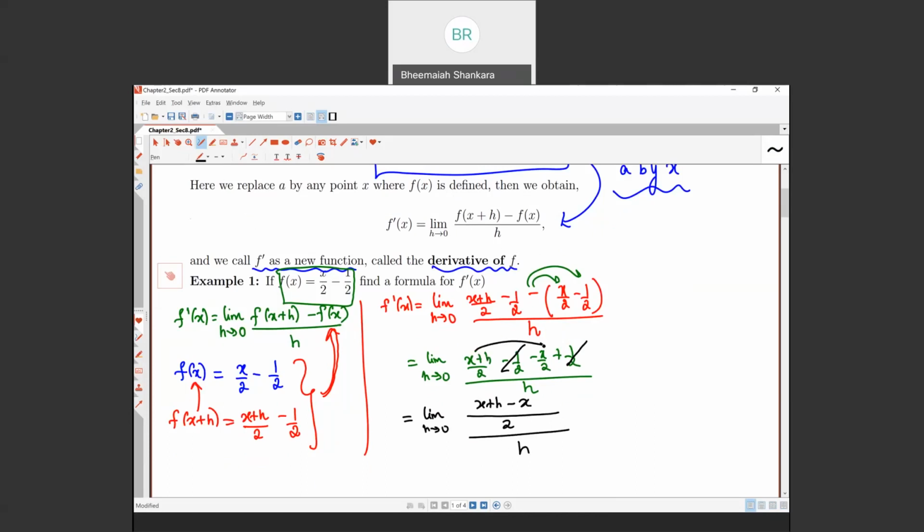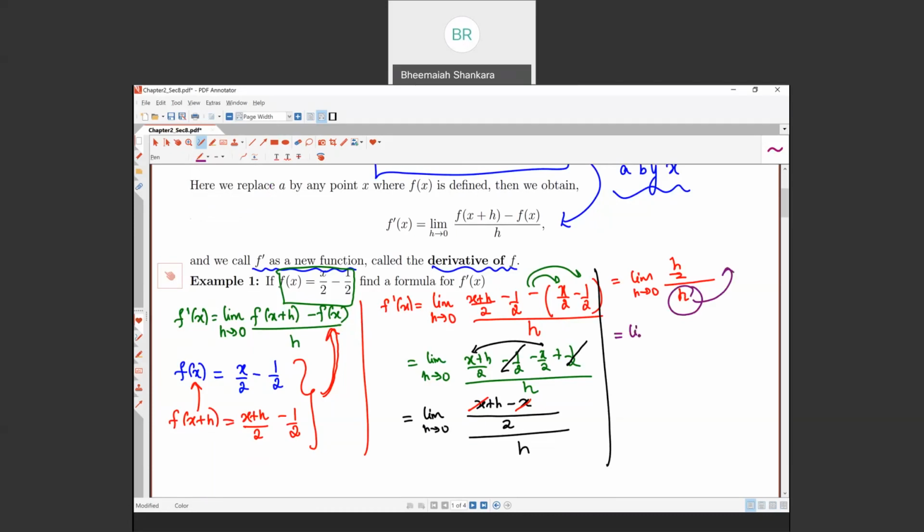So we are adding these two fractions. And when we add the fractions, we see that x and negative x give us a sum of 0. So all we have is the limit as h approaches 0 of h over 2, divided by h. Now you can take the denominator h to the top and flip it.